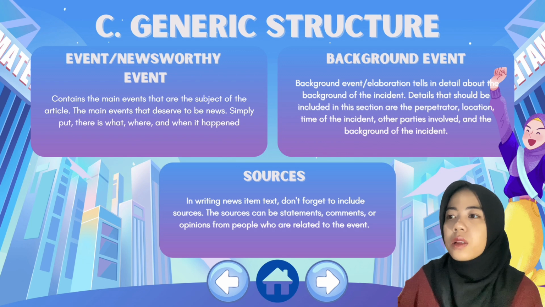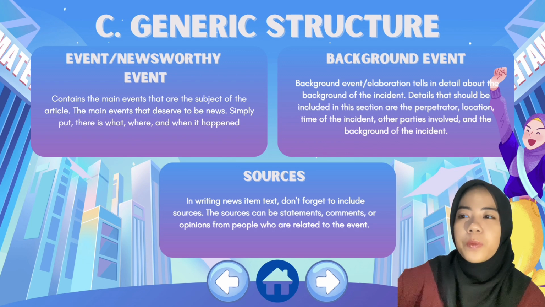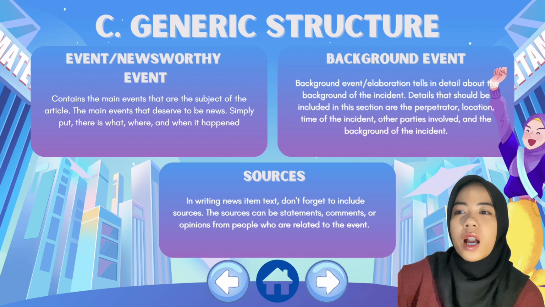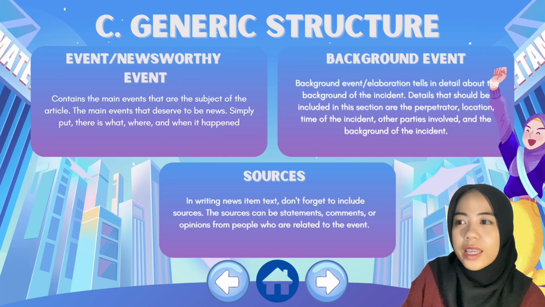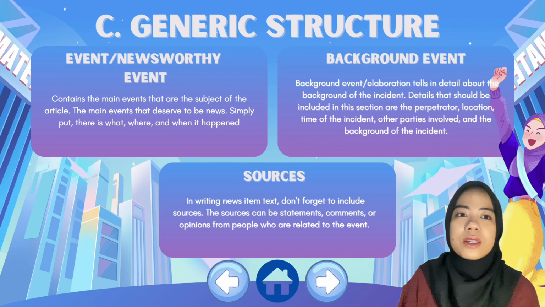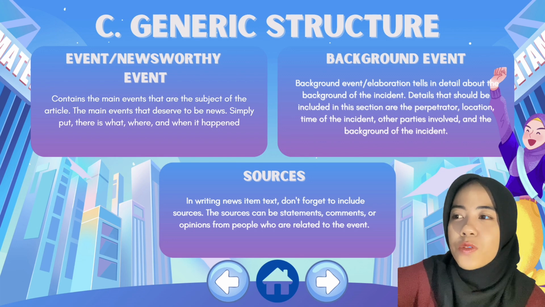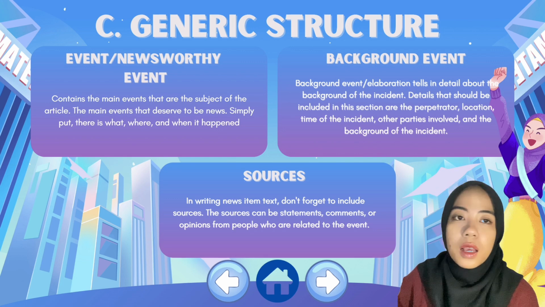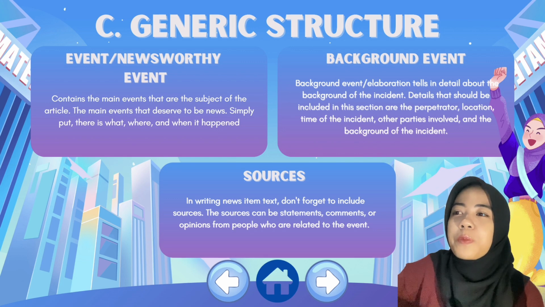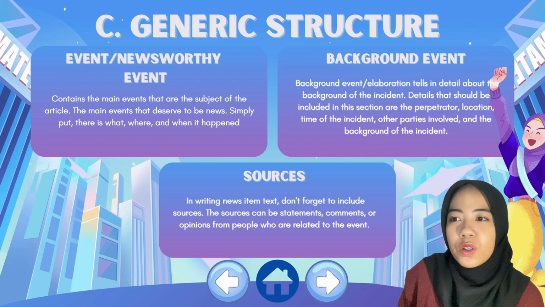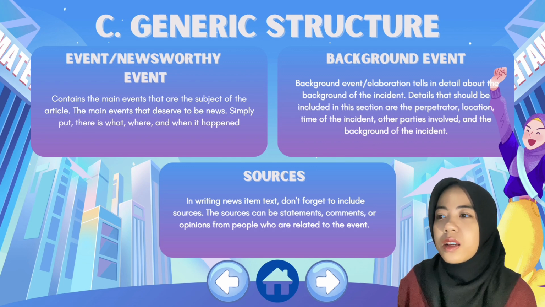For example, President-elect Prabowo Subianto stated the program will continue every school day and reach rural areas soon. So the source is President-elect Prabowo Subianto. These parts play an important role in making the news clear and informative.